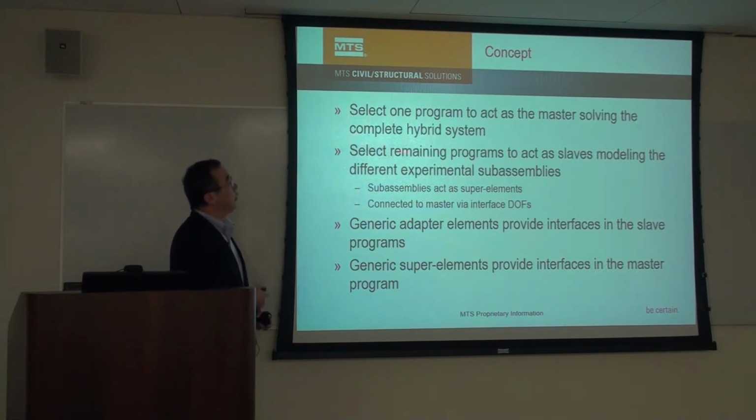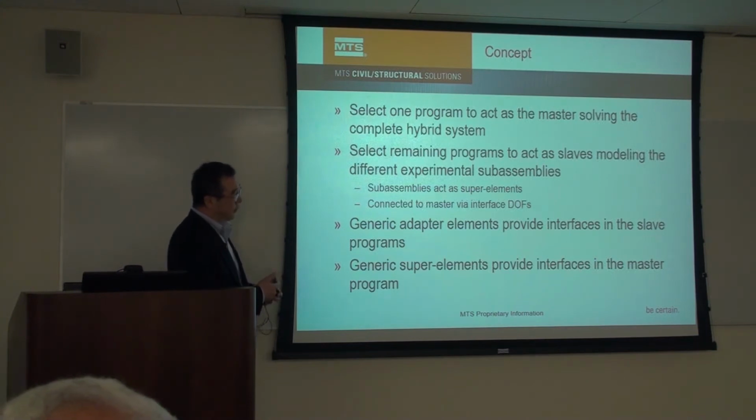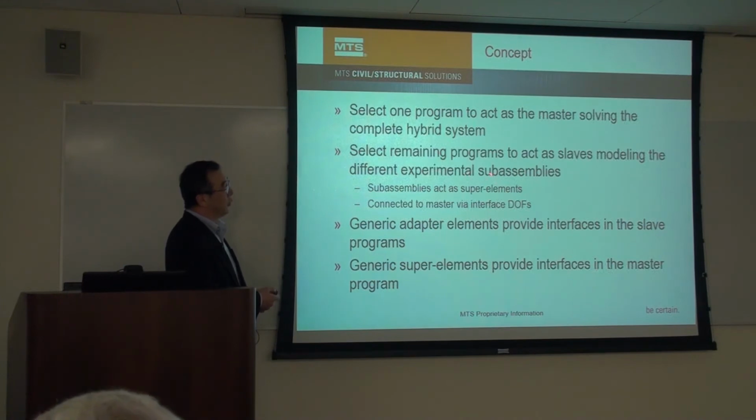So in this approach, you need to select one program as a master to solve maybe the numerical substructure. For example, you can choose OpenSees to do this. And then the remaining substructure, you consider as a slave model, and you use a different package or the same package to model that.